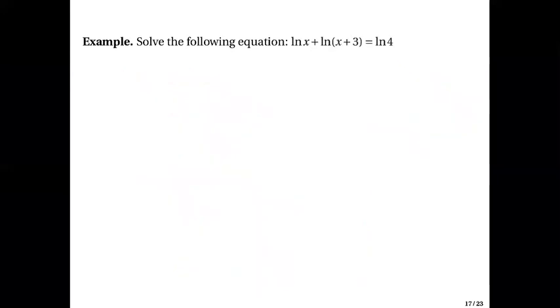Next item here. Suppose you have this. Ln of x plus ln of x plus 3 equals ln of 4. So you have several ln's. Okay? Here you cannot simplify. Here you cannot simplify. Ln of 4, you can simplify, but let's just write it as ln of 4.